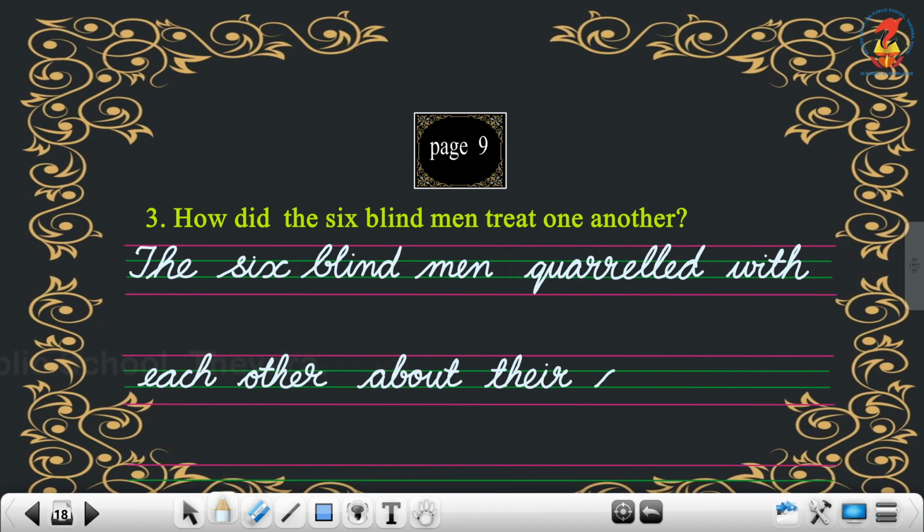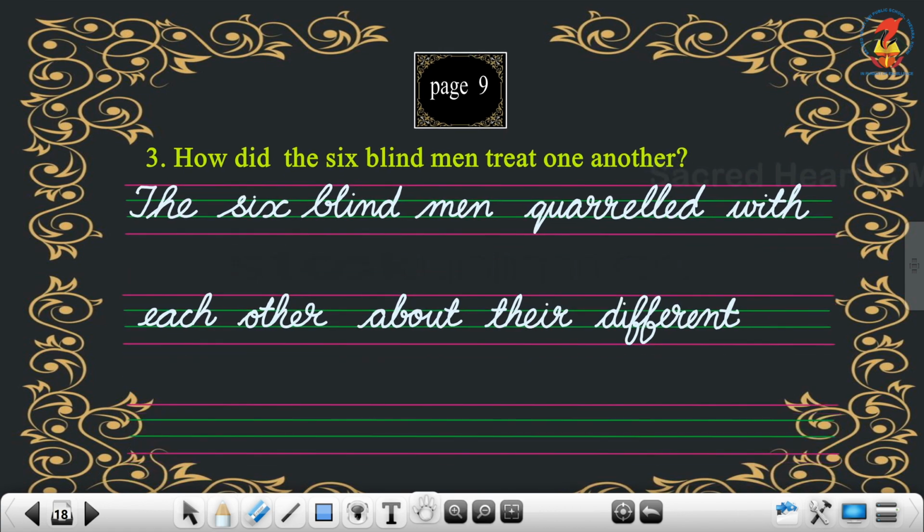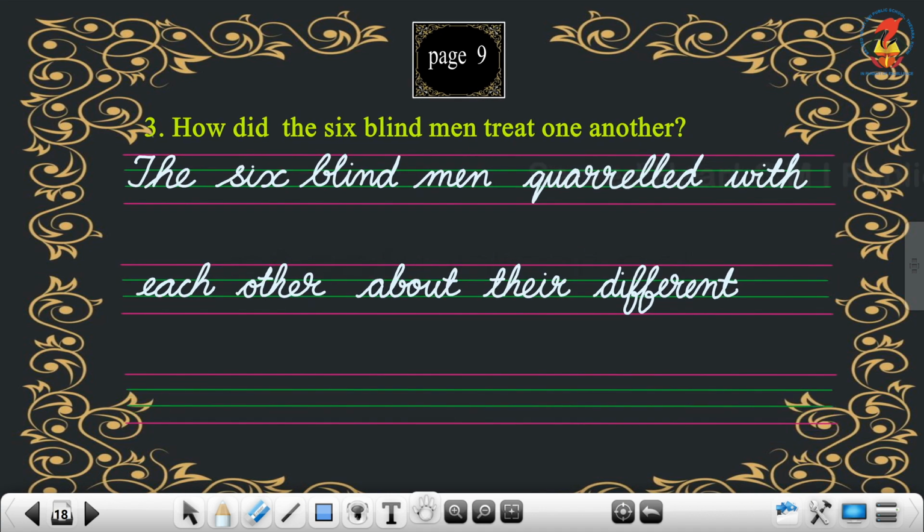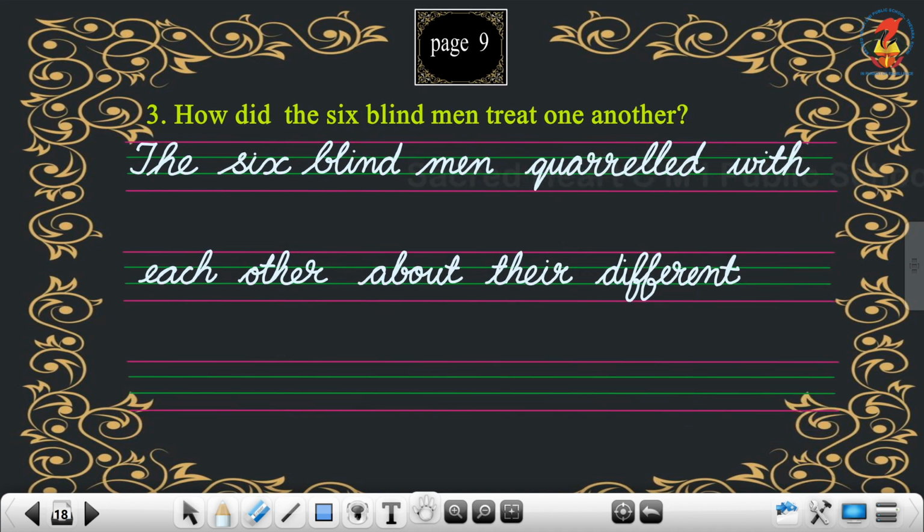Different views. D-I-F-F-E-R-E-N-T, different. Cut for T and dot for I. About their different views.